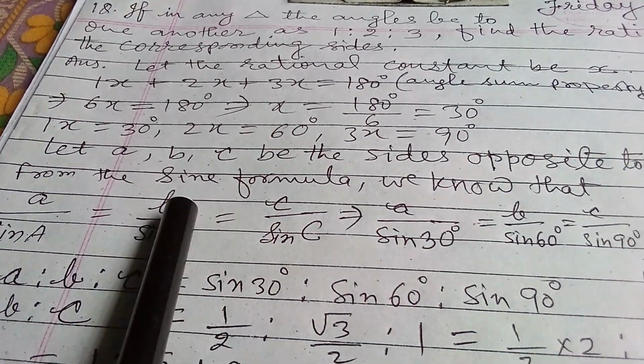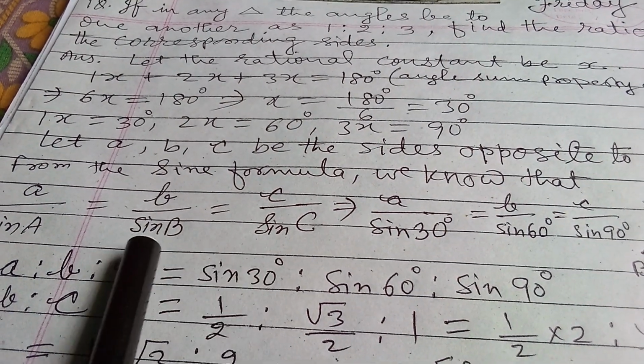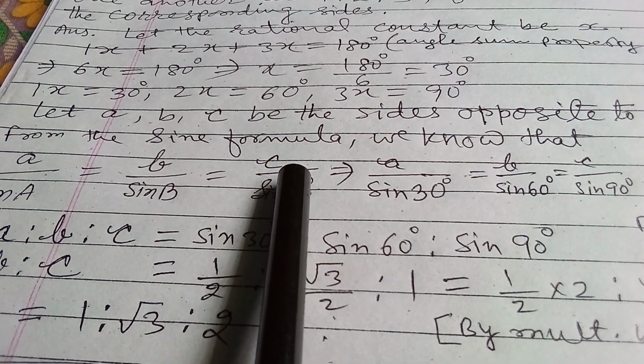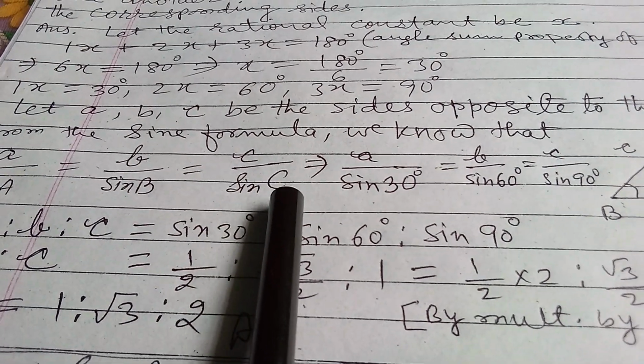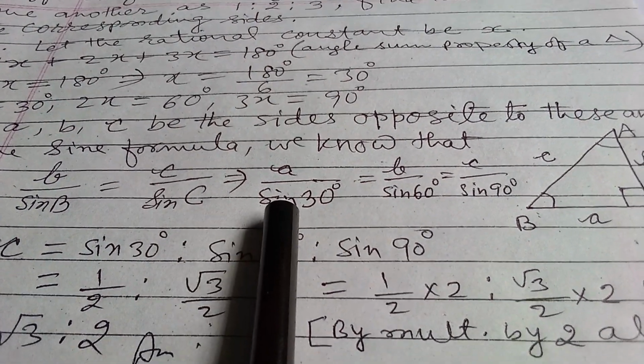In the same way, small b represents the side and capital B represents angle B, and small c represents the side and capital C represents angle C.